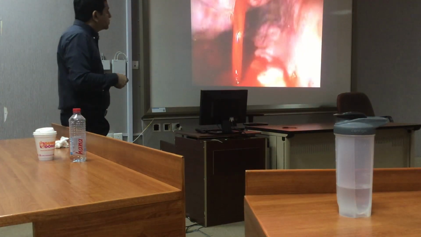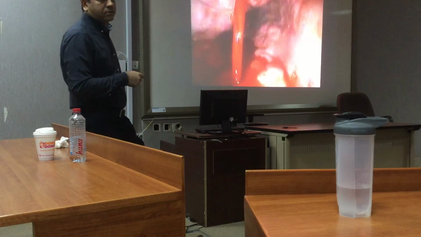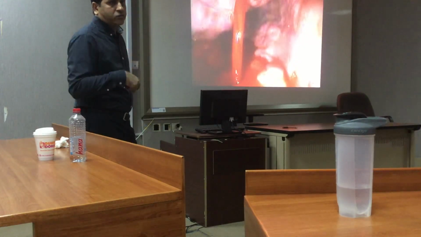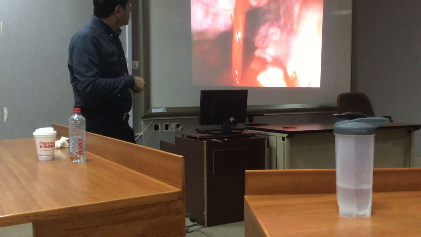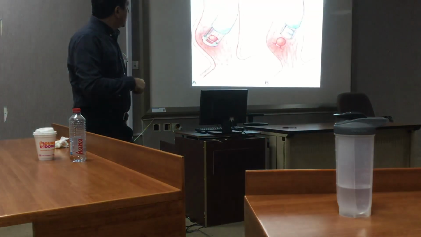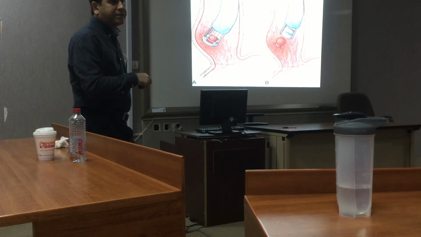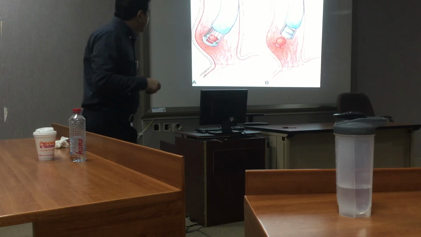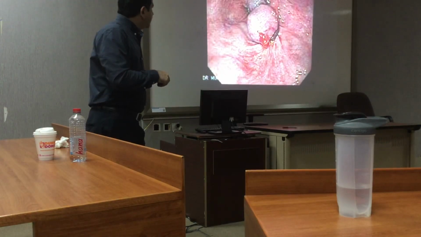This is the bleeding esophageal varices in gastroscopy. Next. And this is ligation. You can see this varix is being ligated. It's a rubber band ligation. Next. This is the bleeding area.